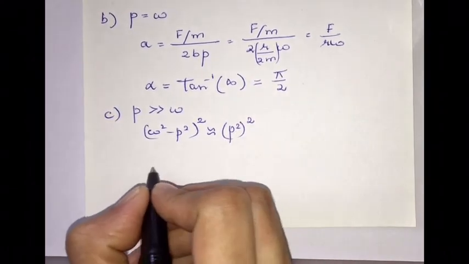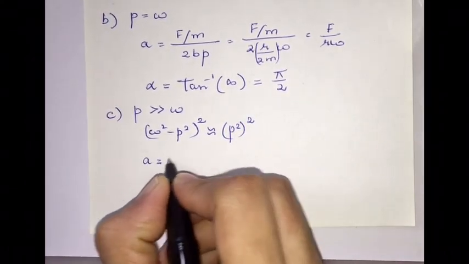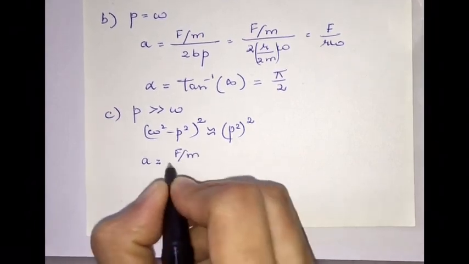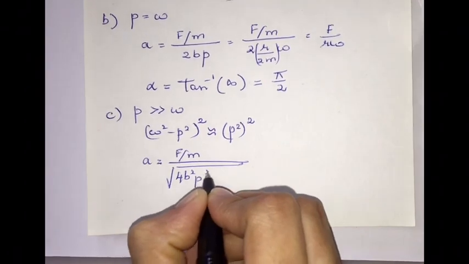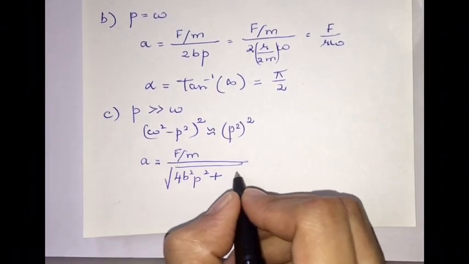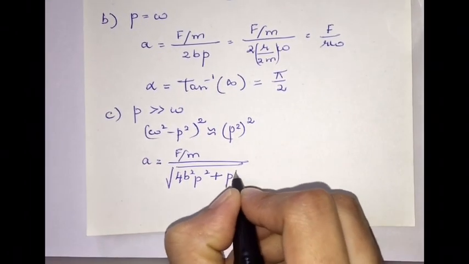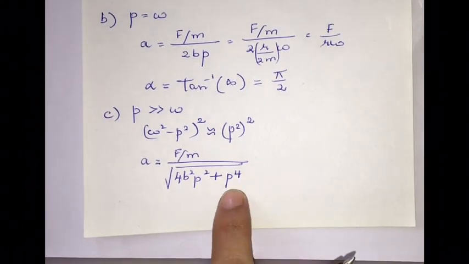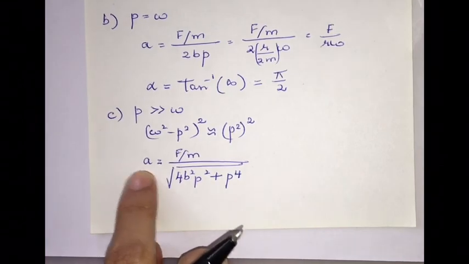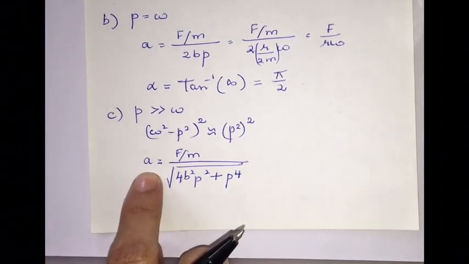So the equation of amplitude is A equal to F by M, square root of 4B square P square plus omega square minus P square whole square, which will be P to the power 4. As P keeps increasing, A becomes very, very small.